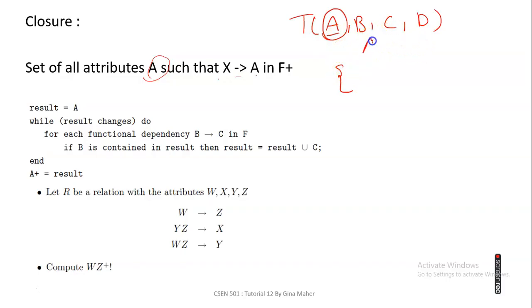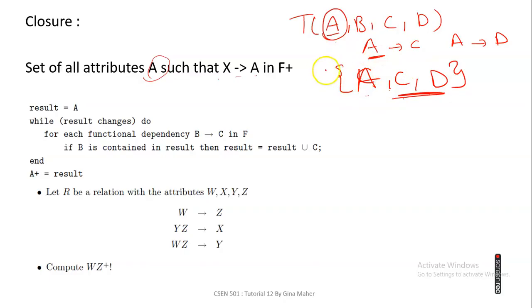For example, if A implies C and A implies D, the closure of A will be A, C, D, the attributes where A implies these attributes. This is the closure.